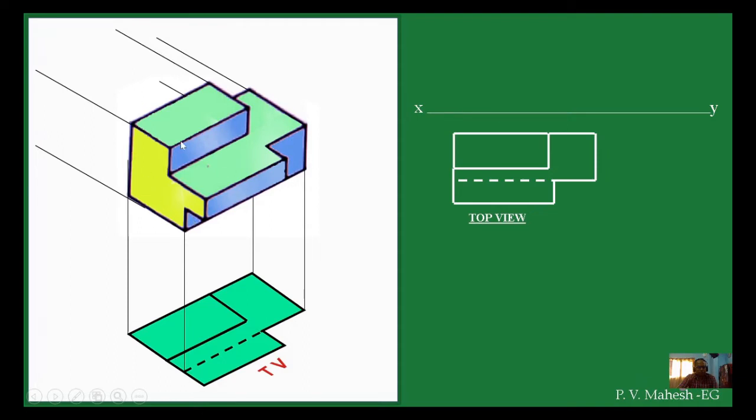If you are not able to visualize, you can give side planes one color, top planes one color, front planes one color, so that you can draw easily. That is the reason why we have given the shadings here. Now here this portion will be visible, below that this will be visible, and this will be visible.